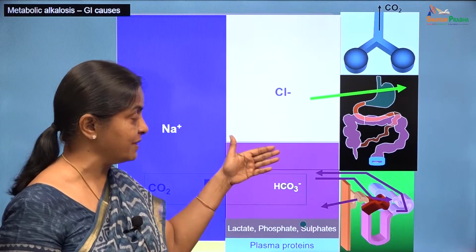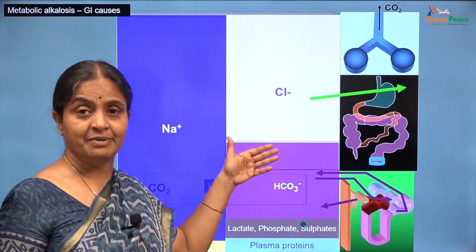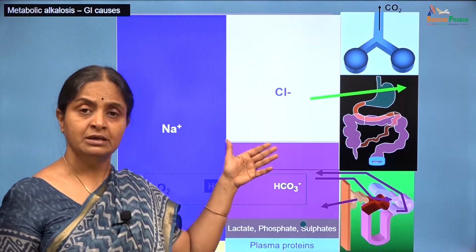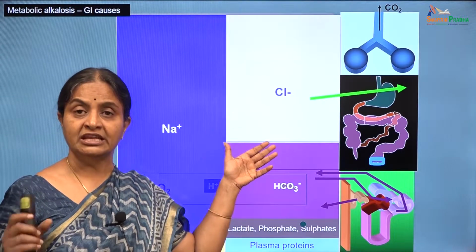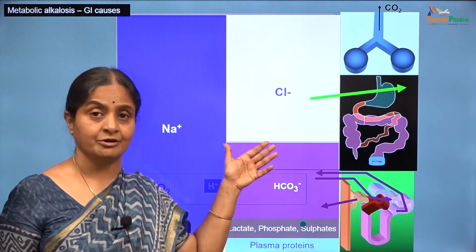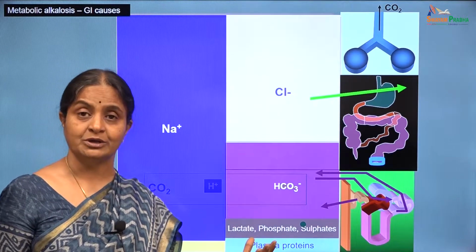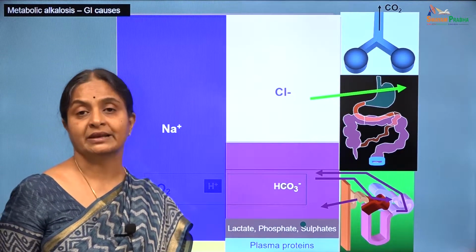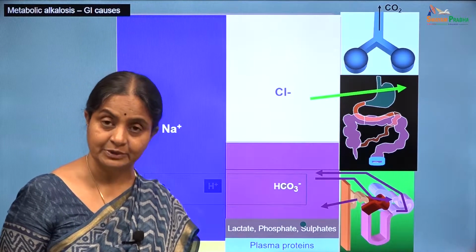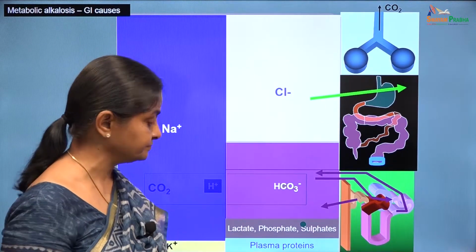Nevertheless, any increase in bicarbonate will lead to a reduction in plasma hydrogen ion concentration. We know about the need for maintaining ionization product constant of water. So when bicarbonate goes up, hydroxyl ions will go up, and consequently hydrogen ions will decrease. That will lead to alkalosis.